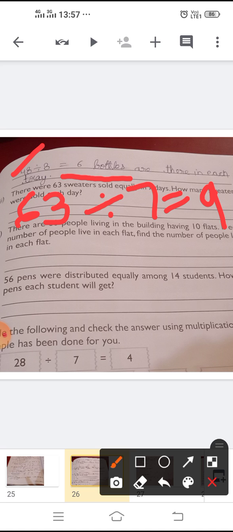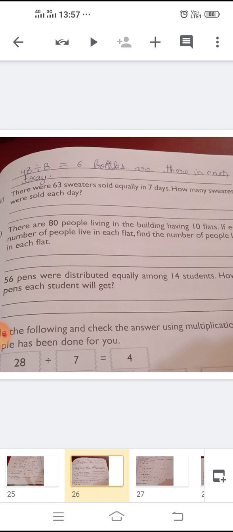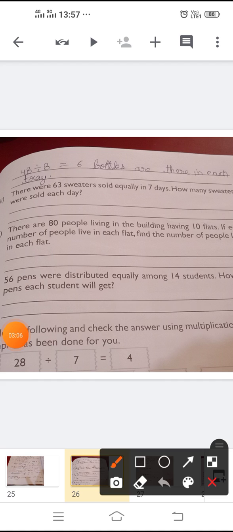The total number of sweaters is given, and they are telling that in 7 days it is sold. So 9 sweaters were sold each day. Understood? Same with that, you will do the 3rd and 4th on your own.